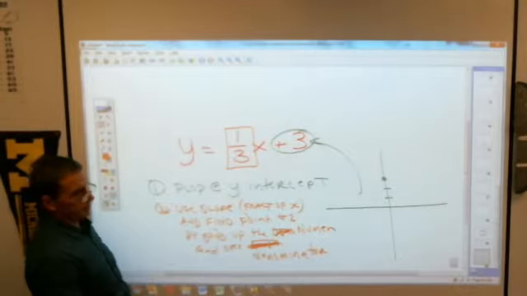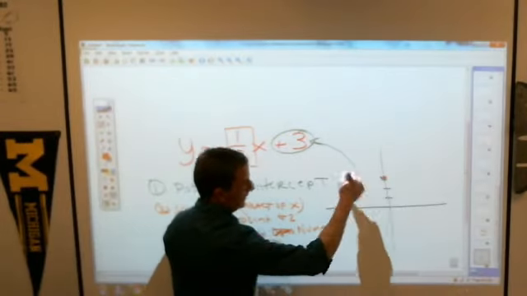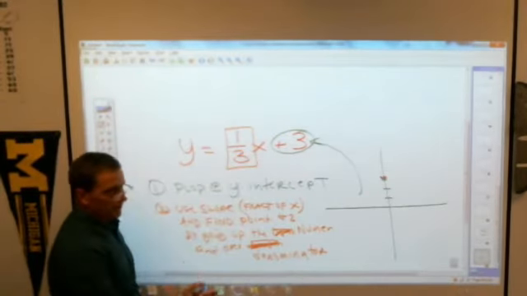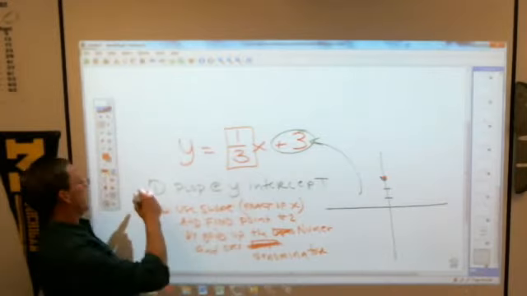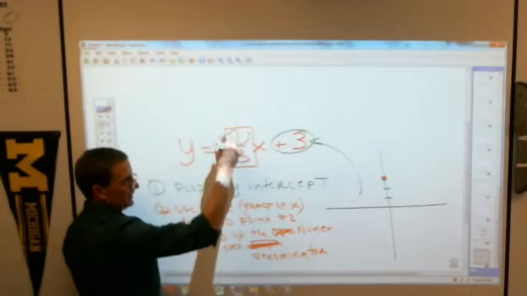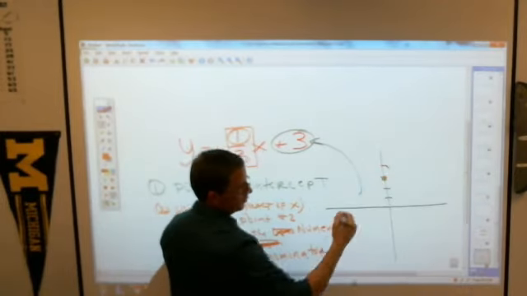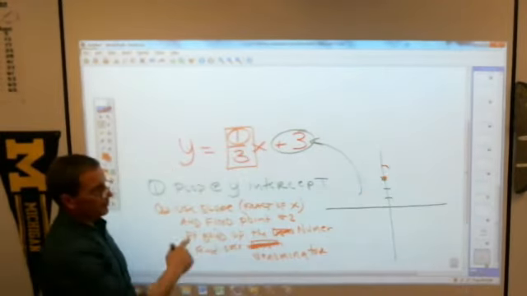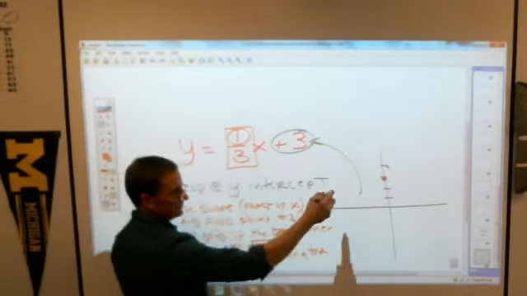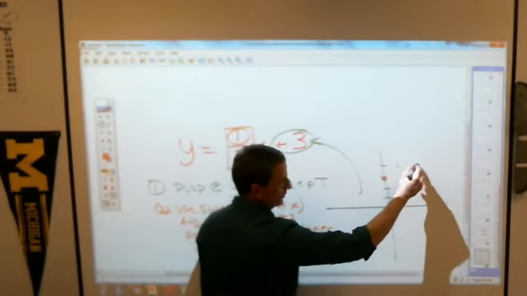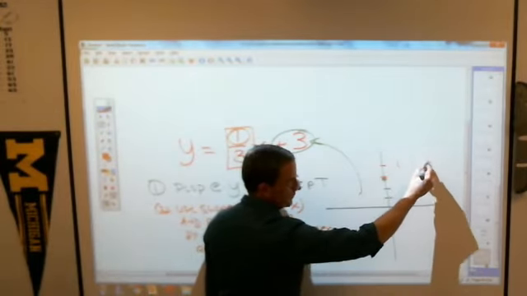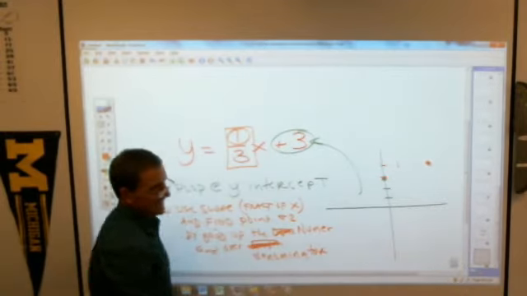I start with this one point that came from my y-intercept. Now from that one point, I go up this many. Okay, so I go up 1. That's not a point on the line yet. That's just how far I go up. And then I go over 3. Up 1, over 3. So bam, there's my second dot.